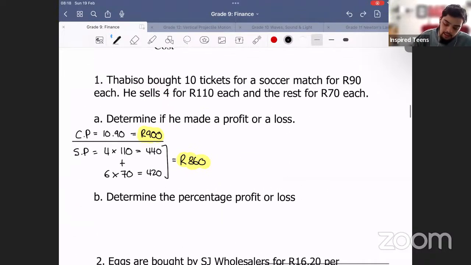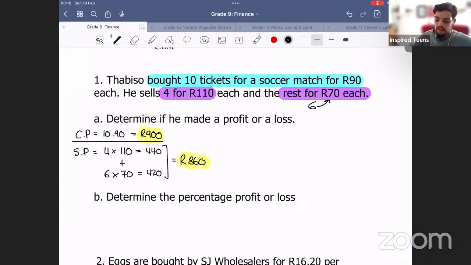In this case, he bought tickets. Let's highlight: he bought tickets for 90 Rand each. He sold 4 for 110 and the rest for 70, so he sold 6 tickets for 70 Rand each. The blue highlight is his cost price, 10 times 90 Rand, which is 900 Rand. And the purple are his selling prices respectively. Initially he sold 4 for 110 Rand.